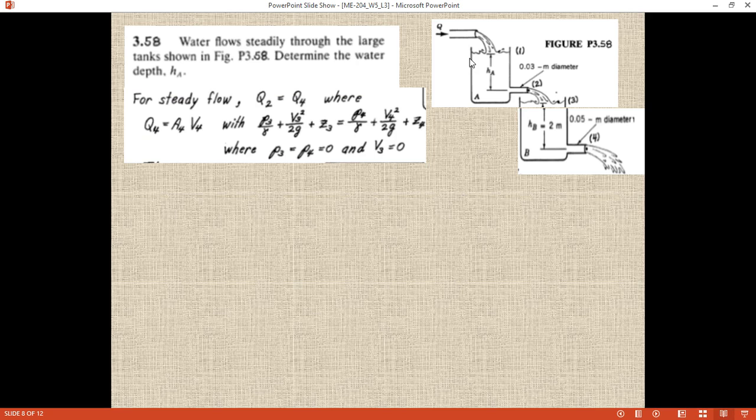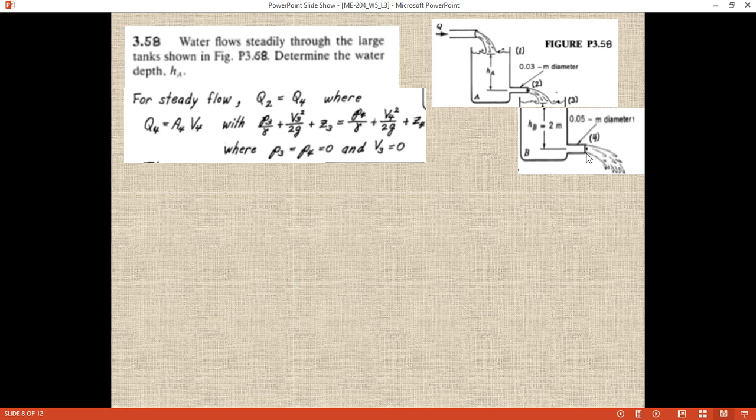So we can say that whatever is the flow rate here, the same flow rate at point 2 and the same flow rate at point 4. So here Q2 is equal to Q4, where Q4 is equal to A4 V4. Okay, so we cannot find out Q4 unless V4 is known.